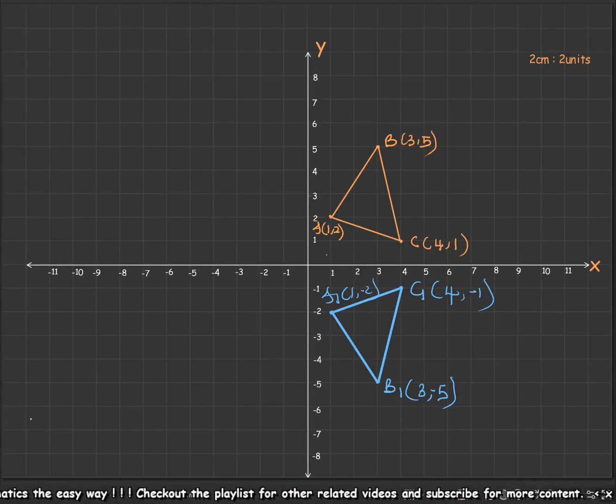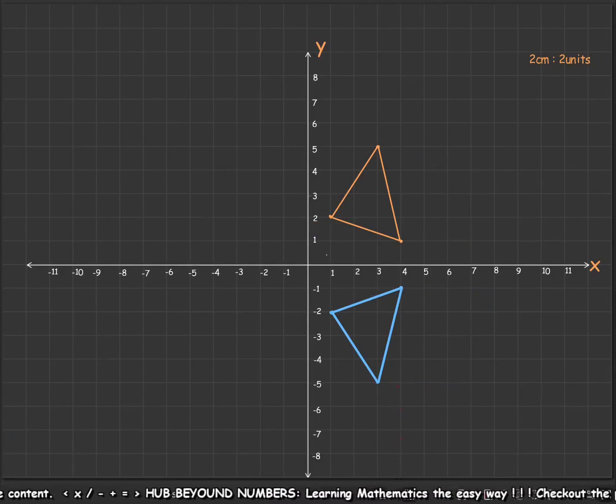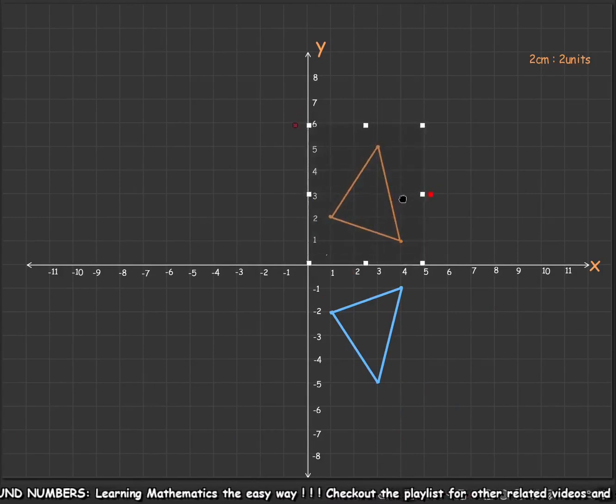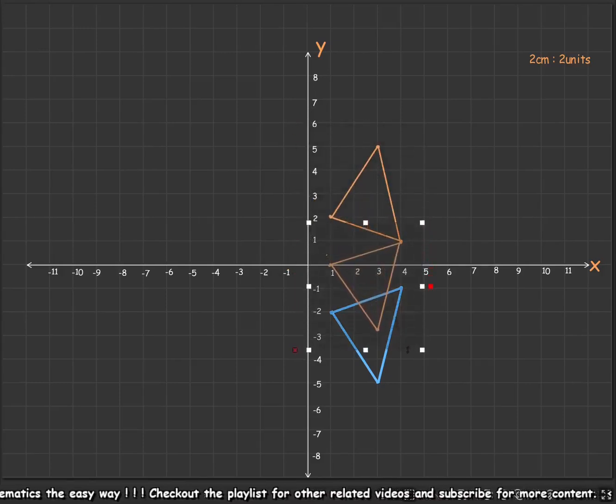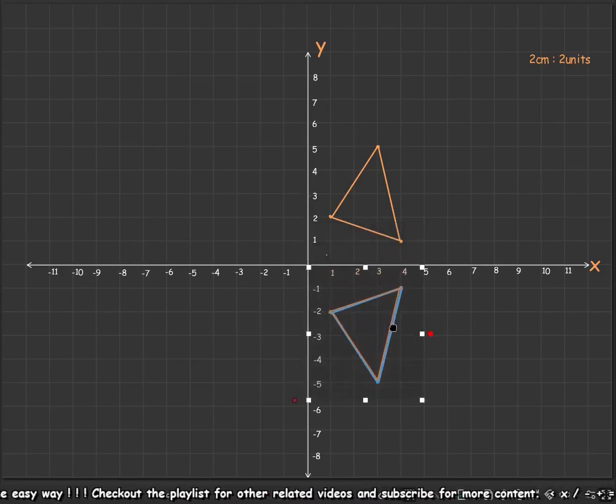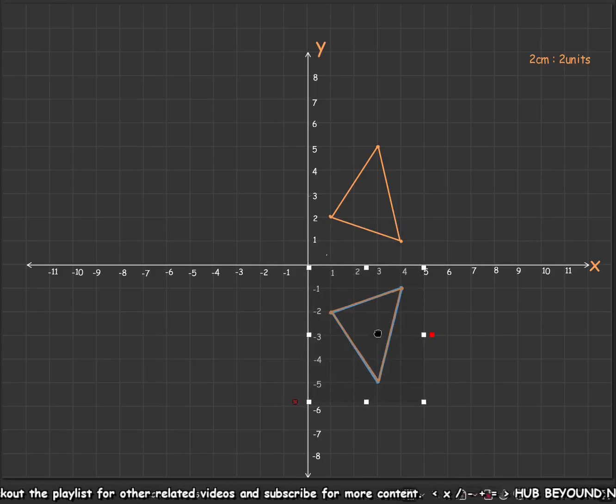Now, to show that it is really a flip, let me just clean what we have here. And I'm going to flip this over. So I'm just flipping it over. Let me see what is really going to happen. So I'm flipping it over. All right. And then just bring it down. You see, it fits perfectly.